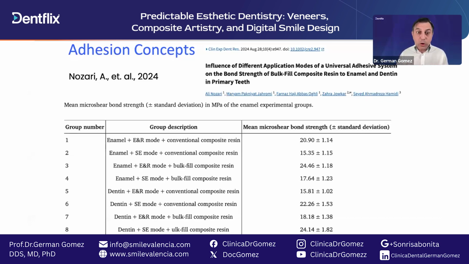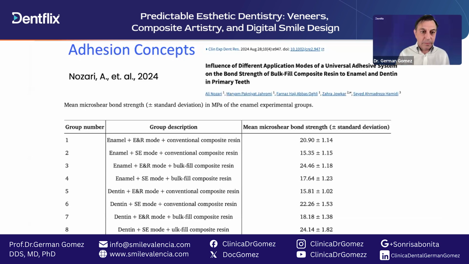Nowadays, there is no difference. Here's, for example, a publication of 2024, and they do different adhesives with different composites on first enamel and second dentin. Same things, and they compare the adhesion forces to each one of them.